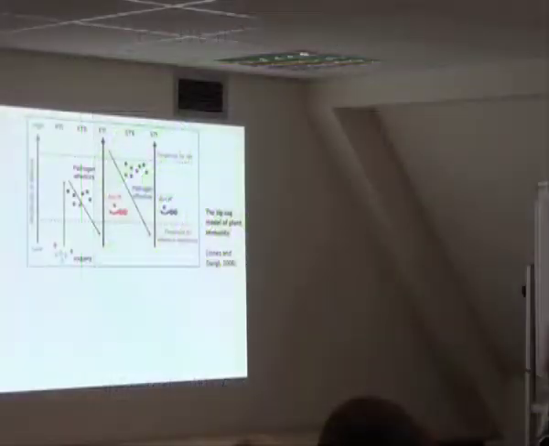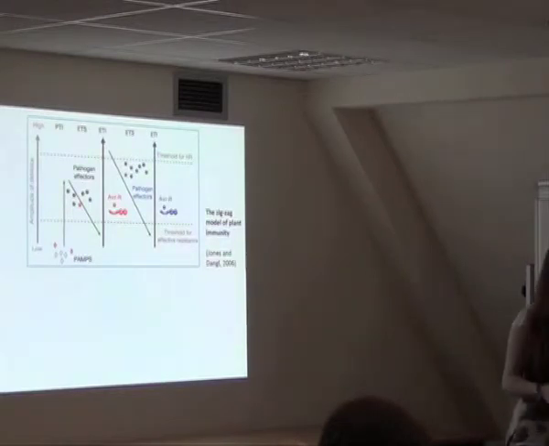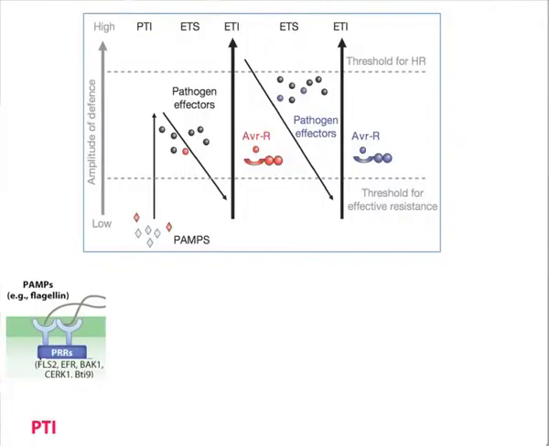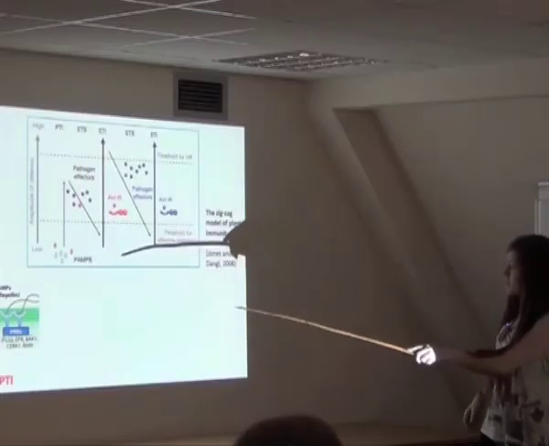So in 2006, Jones and Dangl devised a model to explain the interaction between effectors and the plant immune system. When a bacteria or most pathogens invade, they produce PAMPs, which are conserved molecules, and the plant can detect these via pattern recognition receptors.